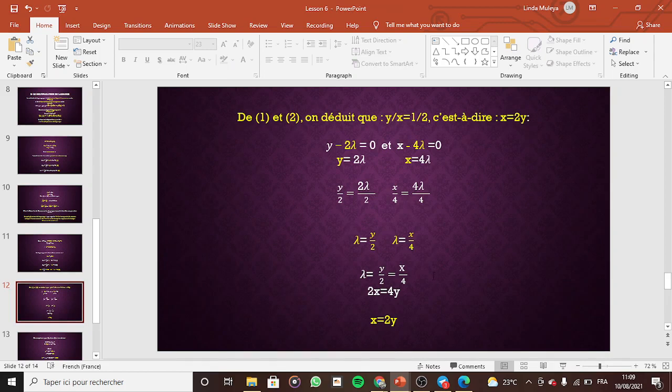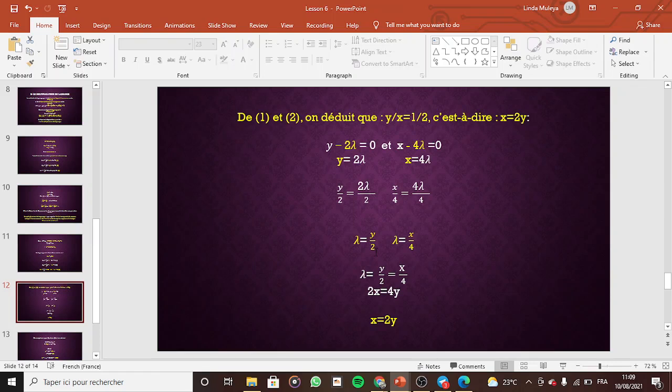The next point is the fact that Lagrange being equal to these two formulas will equate them. We'll now say y over 2 is equal to x over 4, because they both give us Lagrange.